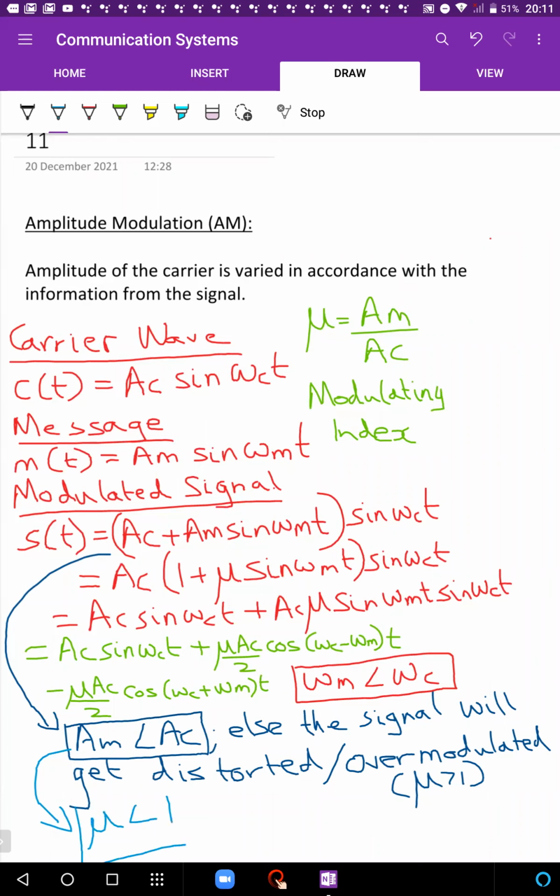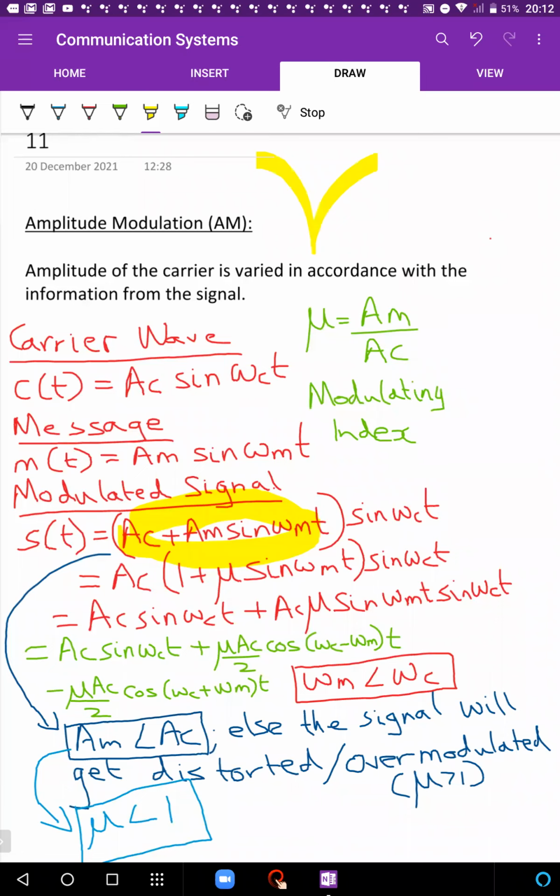Else the signal will get distorted or over modulated. Because क्या हो जाएगा, if A_M is bigger than A_C, तो ये जो एम्पलीट्यूड है वो ही खुद एक पॉइंट के बाद नेगेटिव हो जाएगा, which will in a way affect the frequency or affect the perception of the signal, because when it hits zero, it will seem like the frequency has increased.